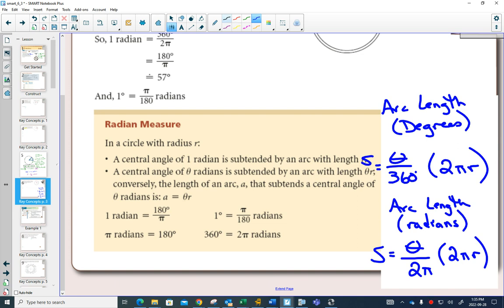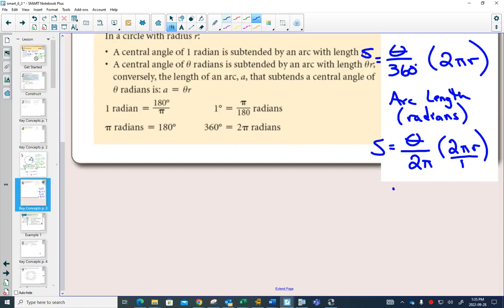Now, as far as understanding formulas go, I would love to leave that formula like that. But this formula for mathematicians is just too tempting to simplify. Can you see if I make 2 pi over 1, and you multiplied those fractions, how many things would cancel out? Can you see that the 2's would cancel out, the pi's would cancel out? And because so many things cancel out so nicely on your formula sheet, you have the following formula.